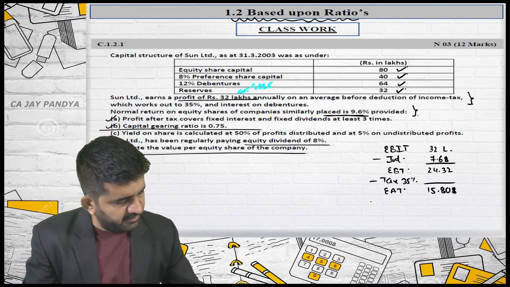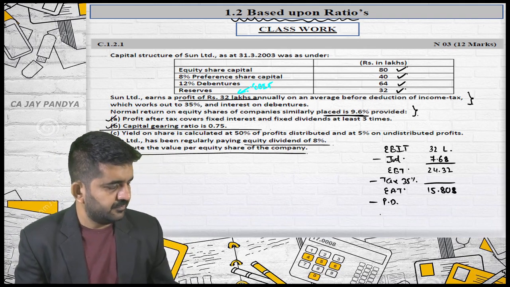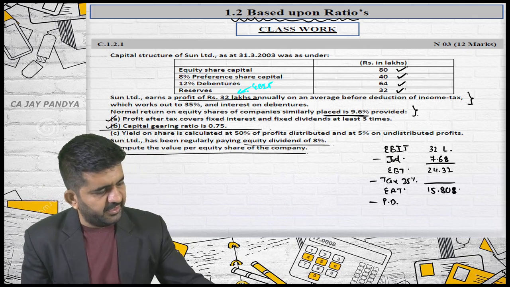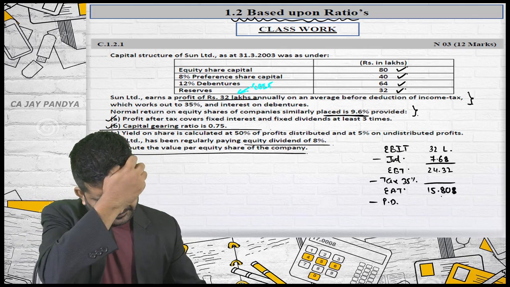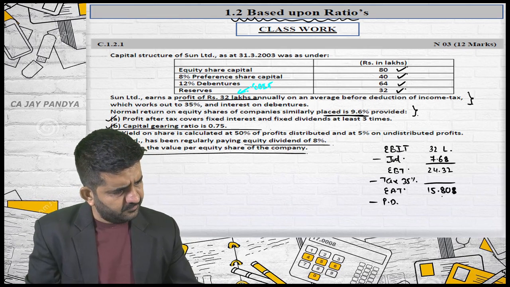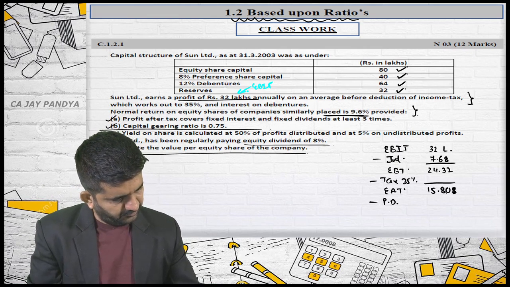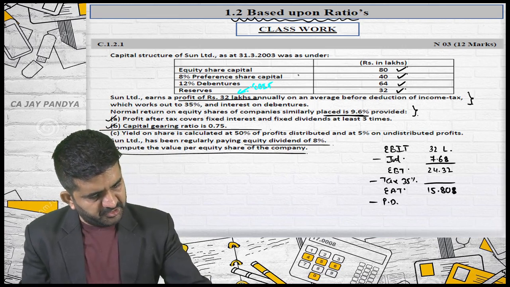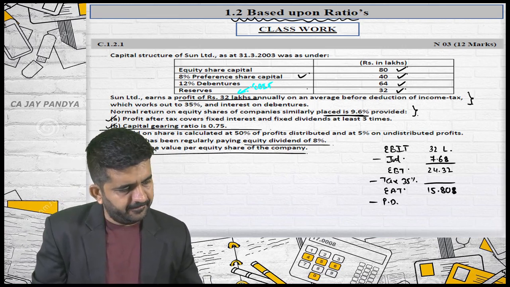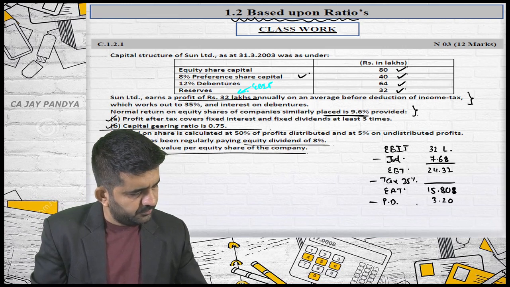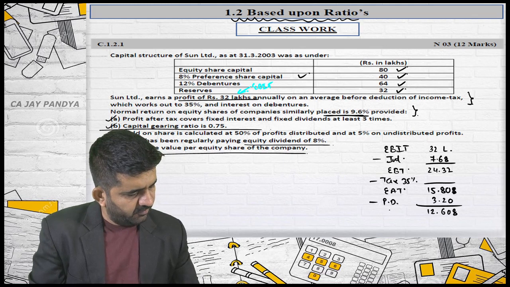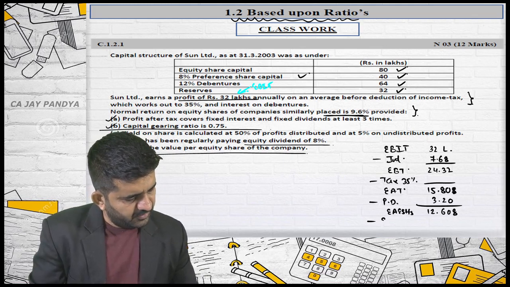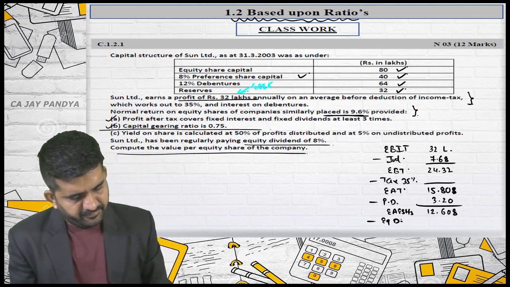Will the preference dividend be paid from it? Yes. 15.808. Preference dividend is 8% of 40. It is 3.2. This is 12.608, which will be earnings available to equity shareholders minus equity dividend.